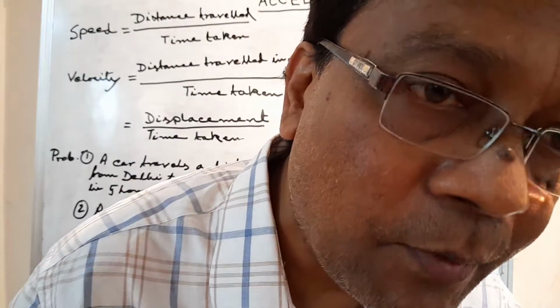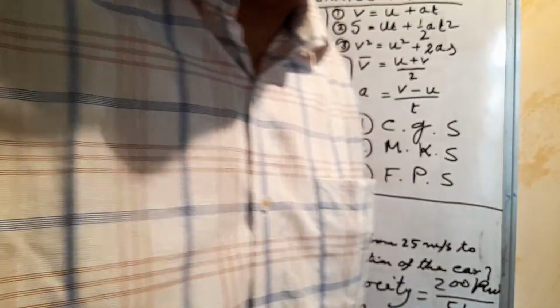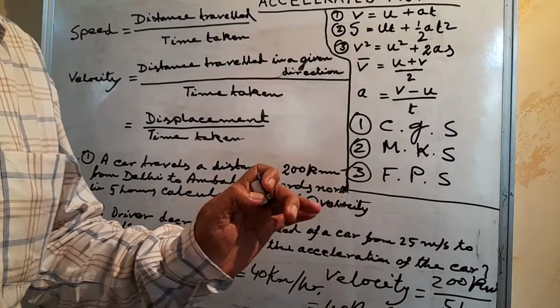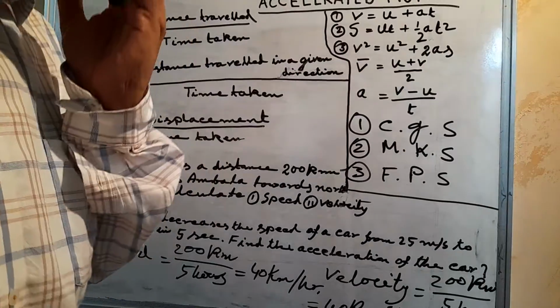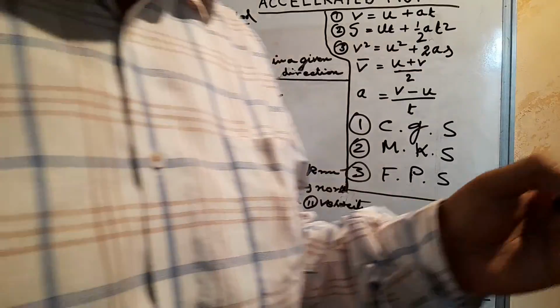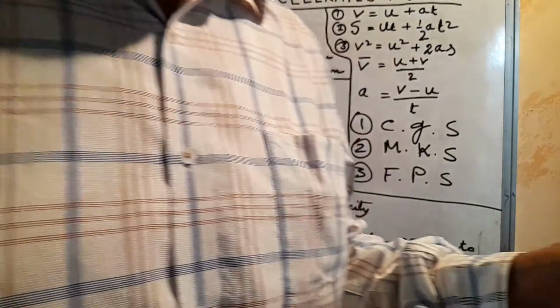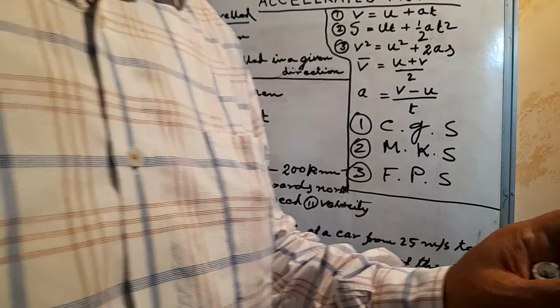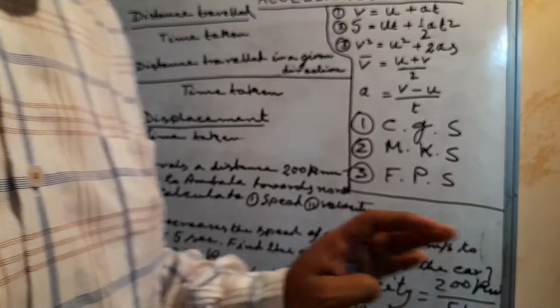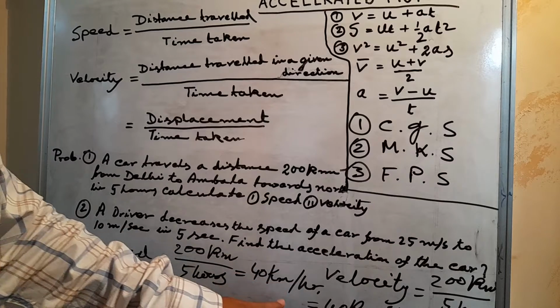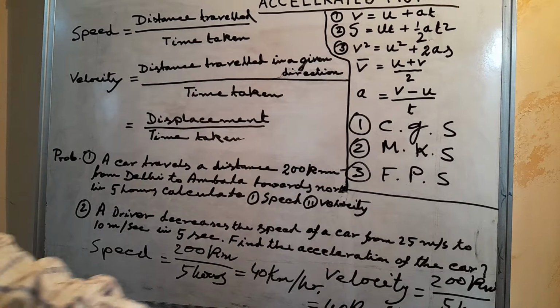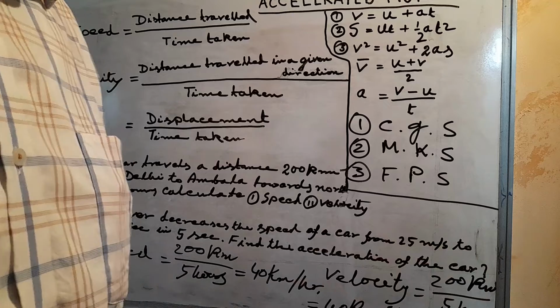A vector quantity gives us magnitude and direction, and a scalar quantity gives only magnitude, no direction.